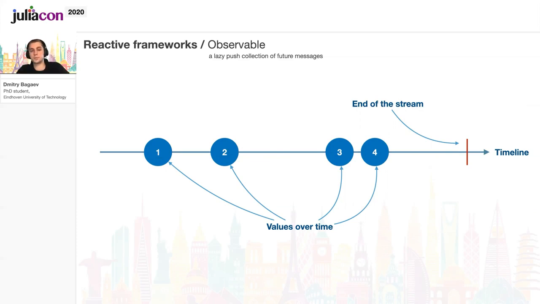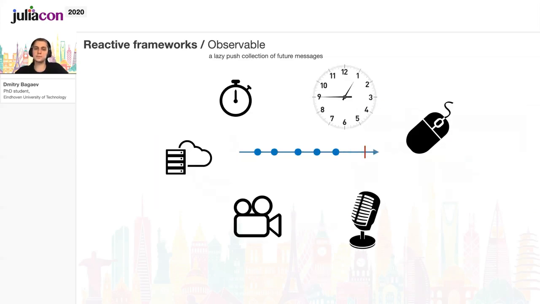It means that if no one is listening for its changes, the observable does nothing. Normally at the end, an observable sends a completion event, but it can also terminate abnormally and send an error. An observable can be a timer, for example, or the current time, or data from a server, or a signal from your mouse. Of course, it can also be static data like an array.